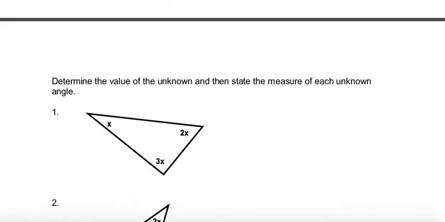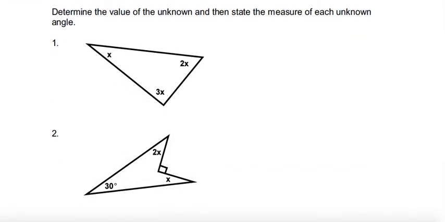So let's go through a few more examples. We're going to determine the unknown value, so we're going to figure out what the measurement of each angle is. We know the interior angle sum of a triangle theorem states that x plus 2x plus 3x is equal to 180 degrees.